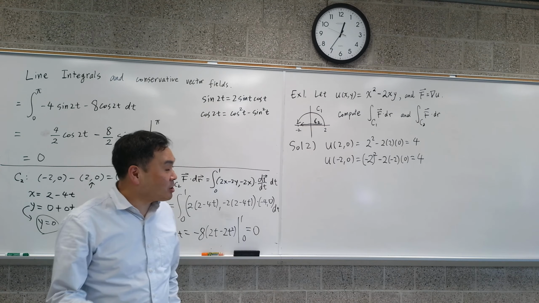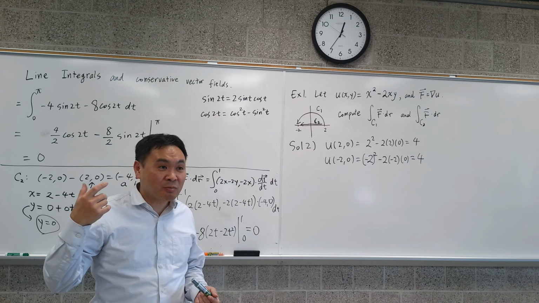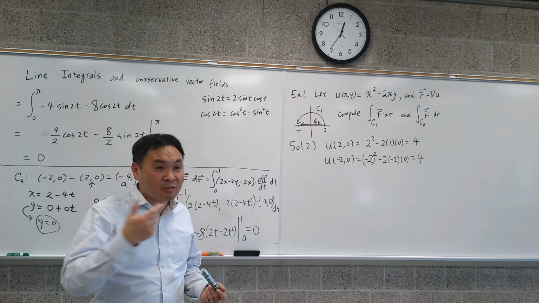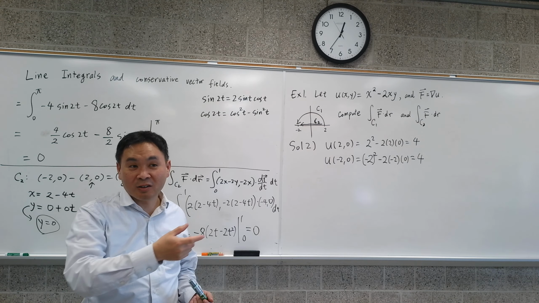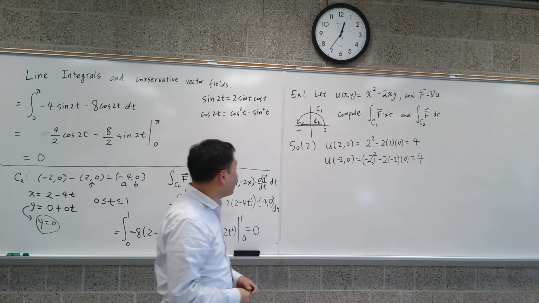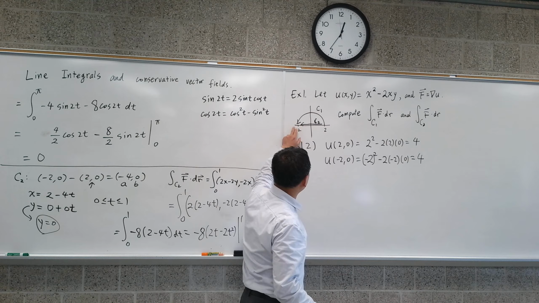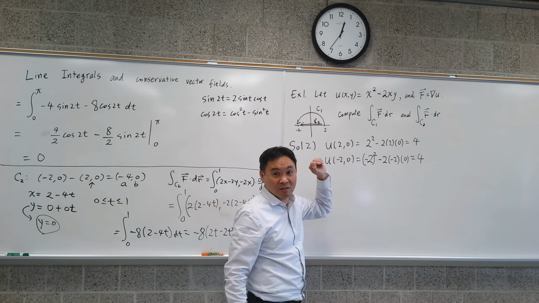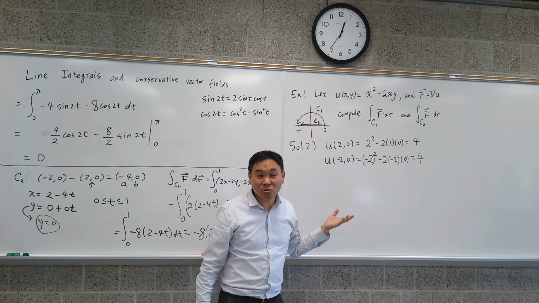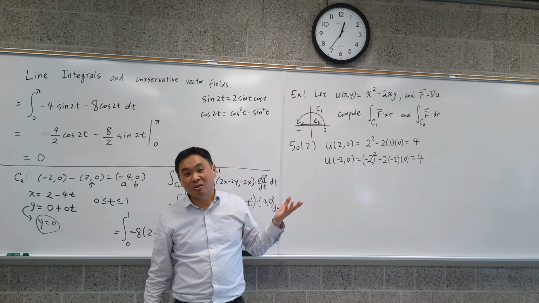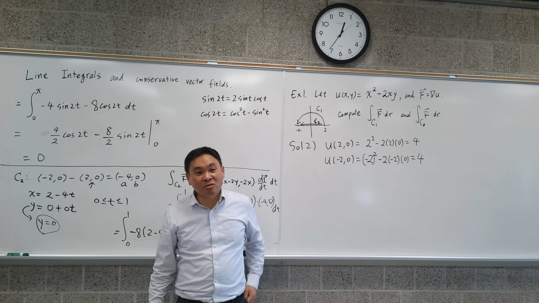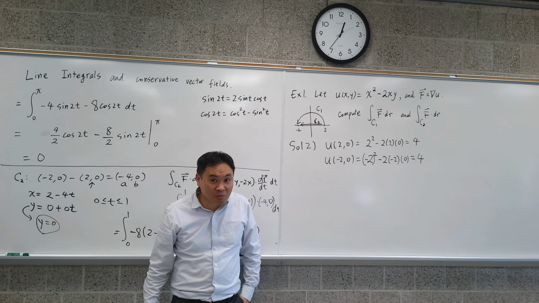So imagine a particle moving through that force field, okay? Would it gain any kinetic energy due to the force field from here to there? The potential energy is the same, right? So there won't be any loss or gain of energy.